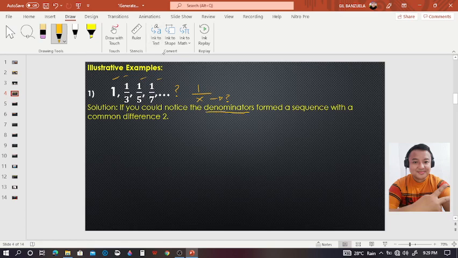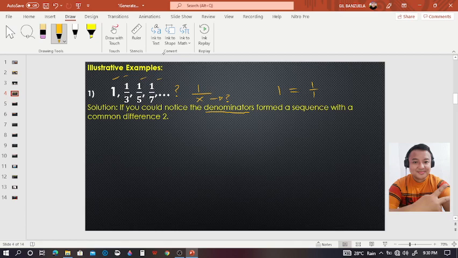And one more thing, guys, we all know that 1 is equal to 1 over 1. So, therefore, our first term's denominator is 1 as well. Alright? So, anong muna natin gagawin dito, guys? Tingnan natin, scan natin yung given kapag nasa sequence tayo.